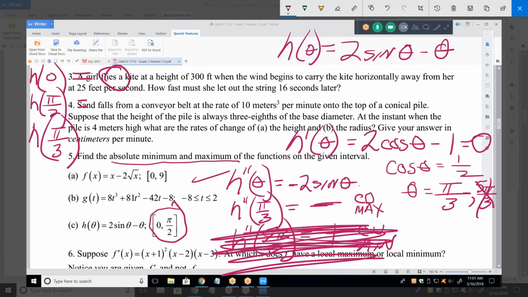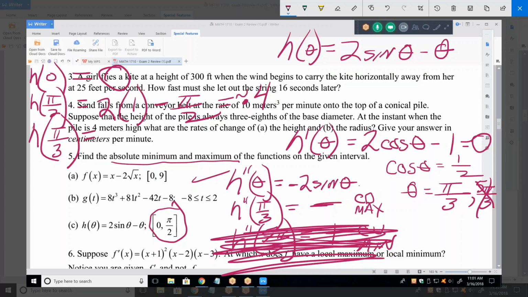It's 1. Okay. So what we have is 2 times 1 minus pi over 2. That's our answer. What's half of pi? 1.6. So we have 2 minus 1.6, approximately 0.4. I'll put an approximate sign there.